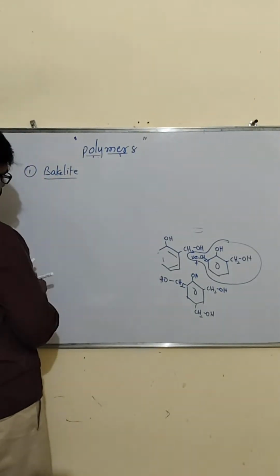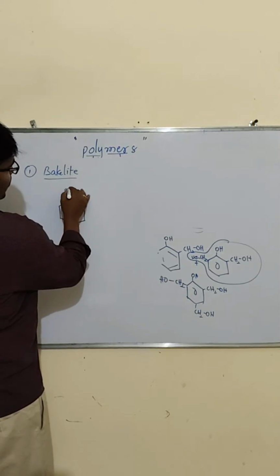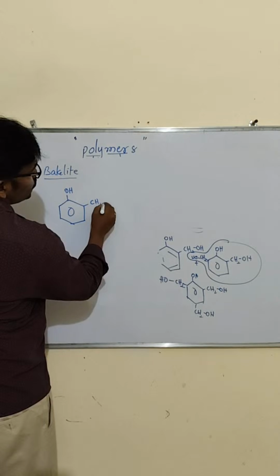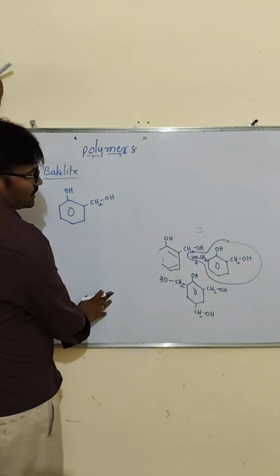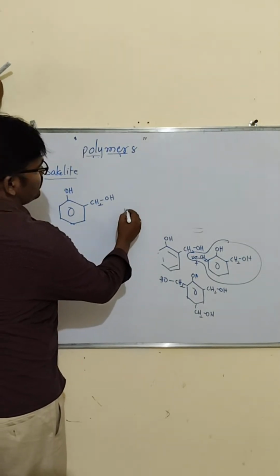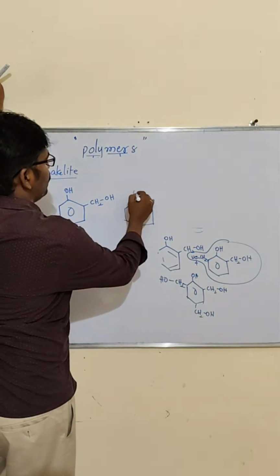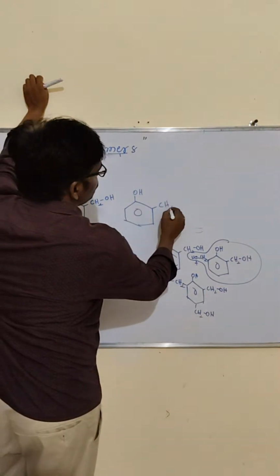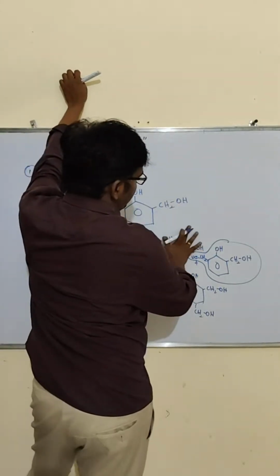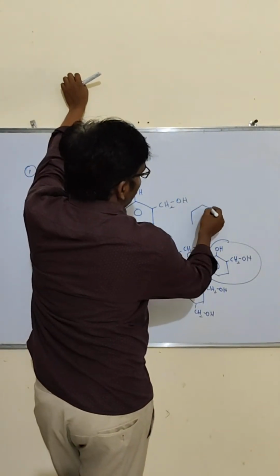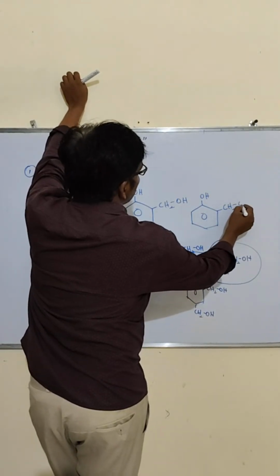Look at whatever the monomers are. This is benzene with OH, then CH2OH. This will be connected with the next one, benzene attached with OH, then CH2OH, and the next benzene attached with OH, then CH2OH.